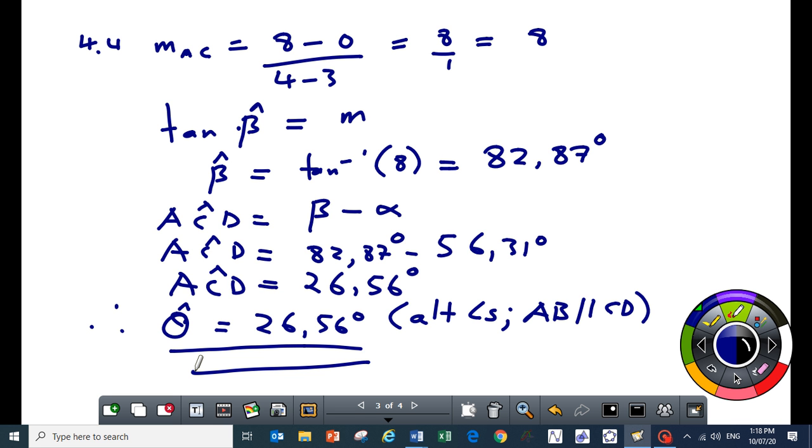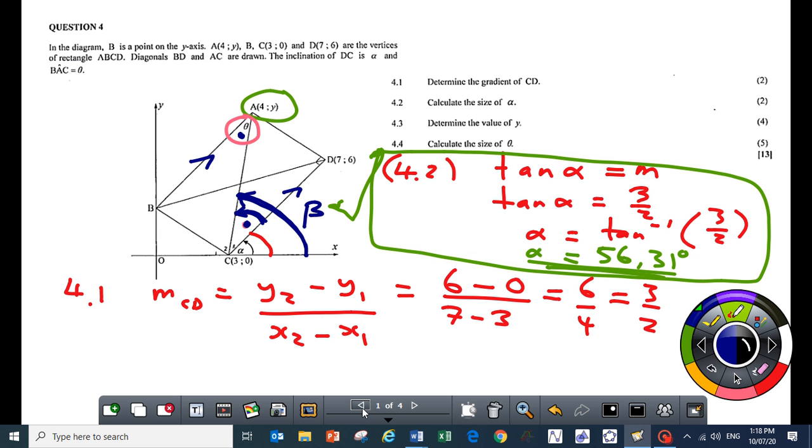Can I just ask the question, how do I know that the lines are parallel? Remember, I told you the first day that I introduced analytical geometry, first page, there are 7 points that you needed to refresh yourself. One of them was quadrilaterals, and the rectangle is a quadrilateral.